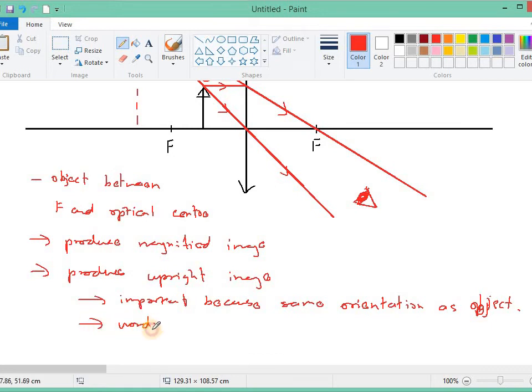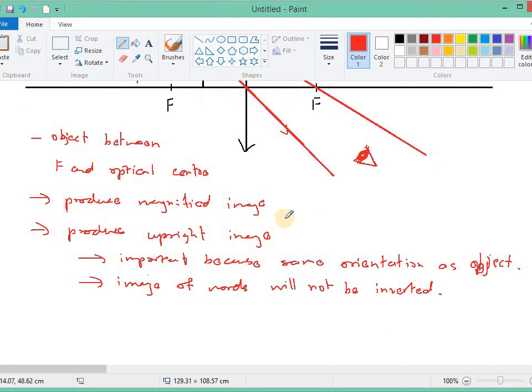Words, the image of words, will not be inverted. So you understand the importance of having an upright image.